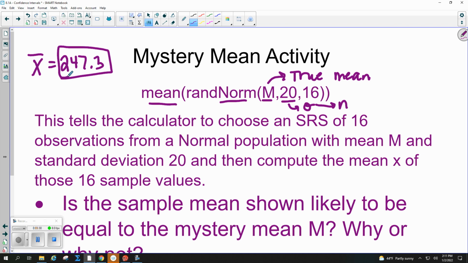Do you think this sample mean is going to be exactly equal to the mystery mean, M, the true mean from the population? No, it's probably not, because what did you notice when you drew out those bags of pennies and averaged those 5 years? They varied from sample to sample. Every average of 5 pennies varied from sample to sample.